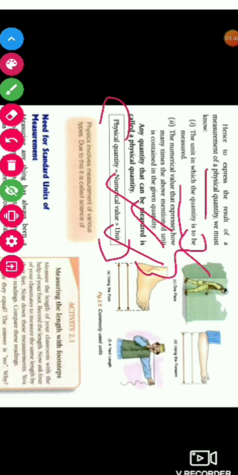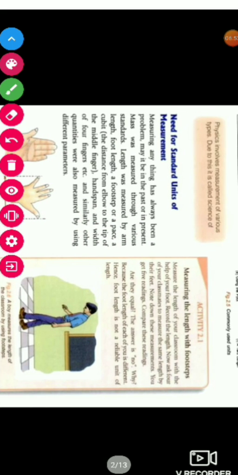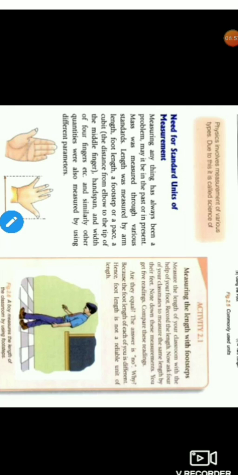Now, what is the need of measurement? Why was measurement needed? Here we'll learn about why measurement was needed. There is an experiment given over here. You can perform this experiment at home. Try to measure some distance by your foot and then tell your sibling or your parent to measure the same distance.